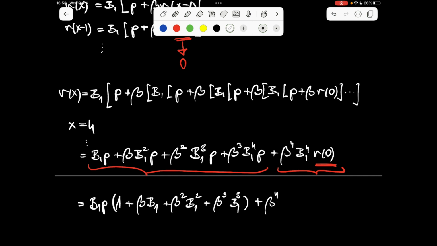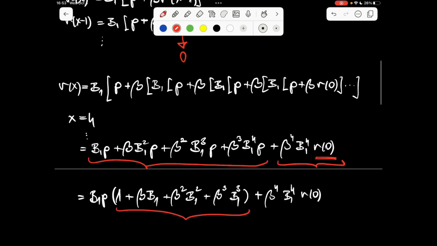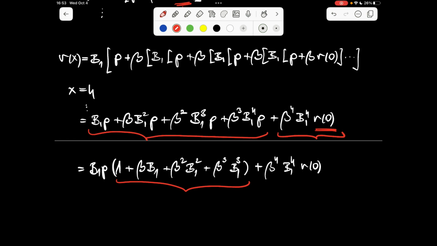And it's gonna be very useful. Okay, this is a finite geometric series. This is a finite series, the length of which depends only on x, which was 4 in this case. So no surprise, we reached 0 in 4 steps.